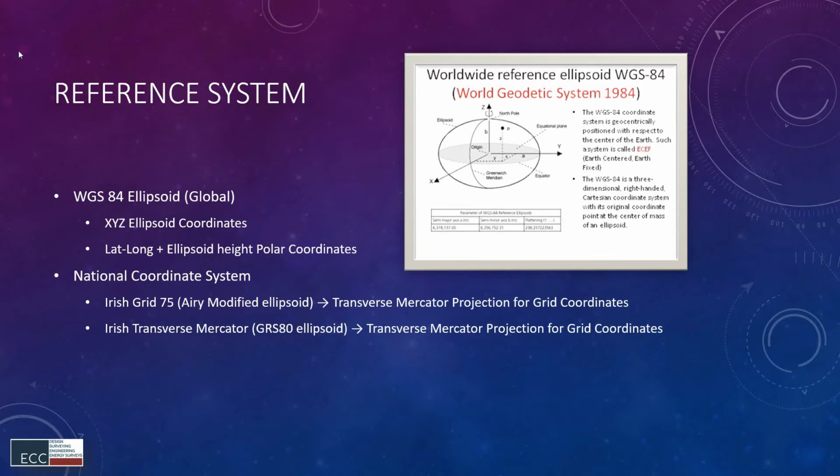But the satellites themselves, they don't know where they are, so their place in reference to this ellipsoid is determined by ground monitoring stations, and they are near the equator.